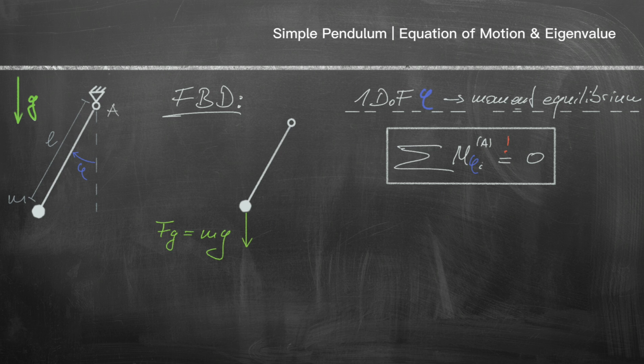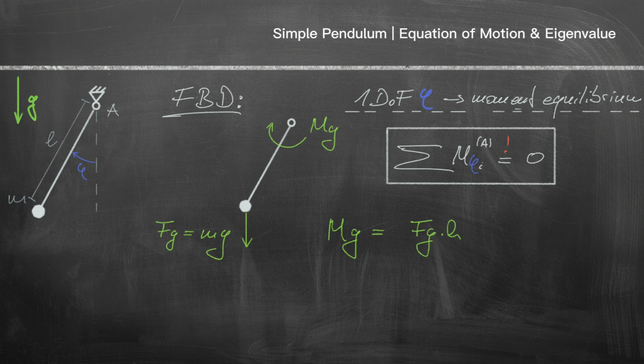Since we're dealing with rotation, we need the moments resulting from this force. So we draw a positive moment Mg, which represents the moment caused by the gravitational force. Torque is force times lever arm, so we write Mg is equal to Fg times h.